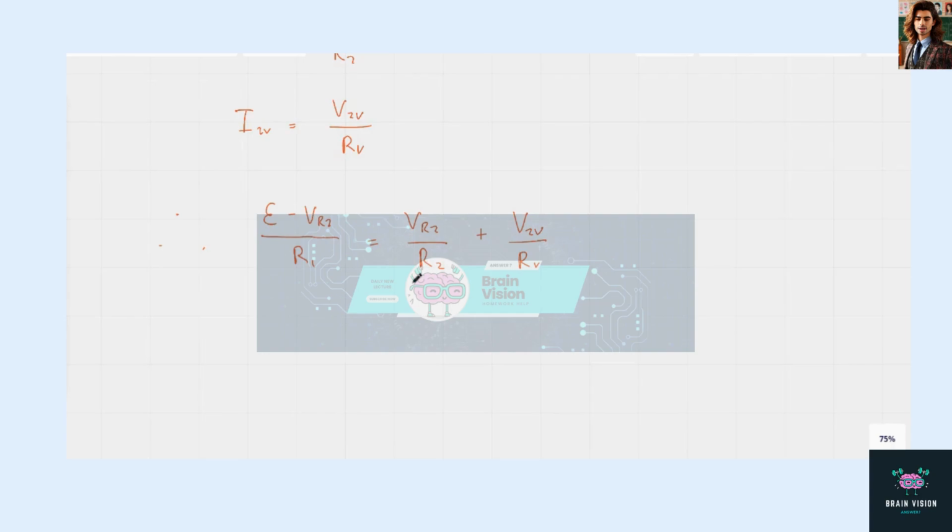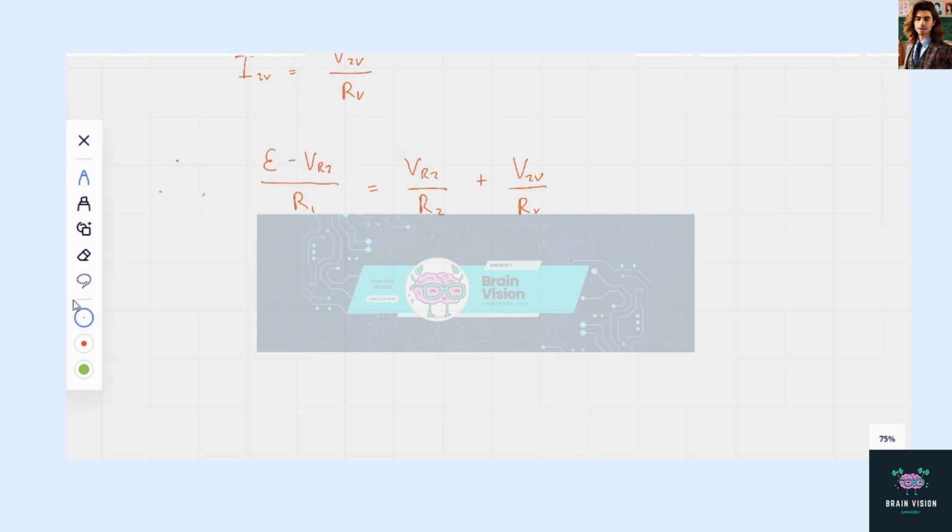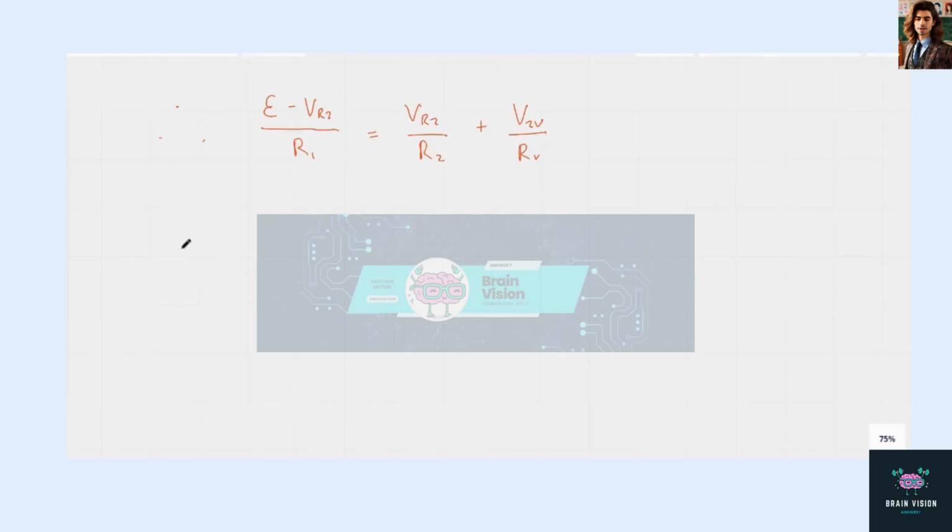If we assume that all the resistances are measured in kilo ohms, we have from equation 1, epsilon minus VR1 divided by R2 is equal to VR1 over R1 plus V1V over RV.